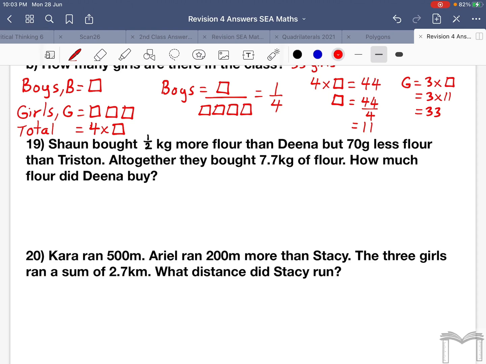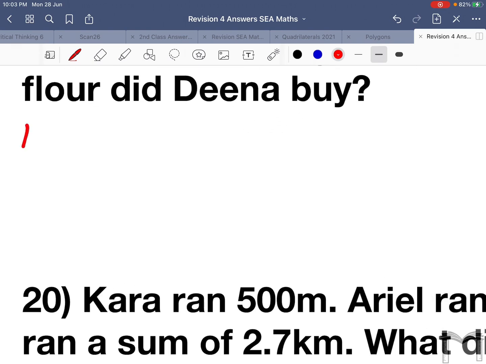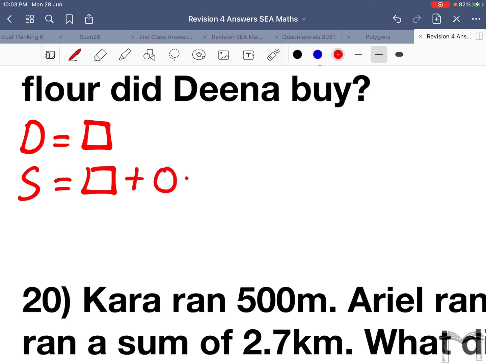So Dina got the least amount. So Dina, we'll use D for Dina, is equal to box. Sean, S, is equal to box plus half kg or 0.5 kg, and Tristan is equal to the same amount that Sean got, but 70 grams more.